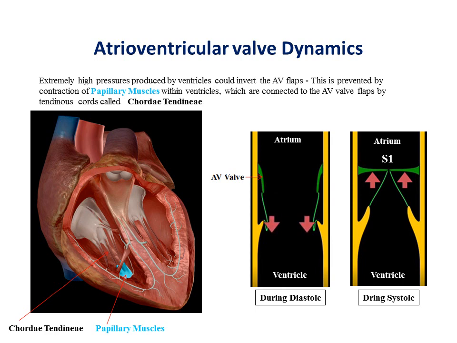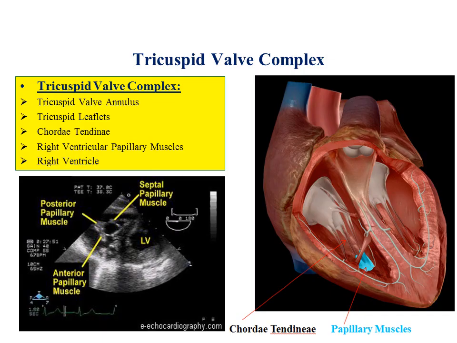The papillary muscles here are composed of the posterior papillary muscle, the anterior papillary muscle, and here is the septal papillary muscle. These have a very important function: preventing the prolapse of the atrioventricular valves into the atria during contraction of the heart and pushing the blood to the aorta and pulmonary trunk, which is a vital function of the heart through valves.